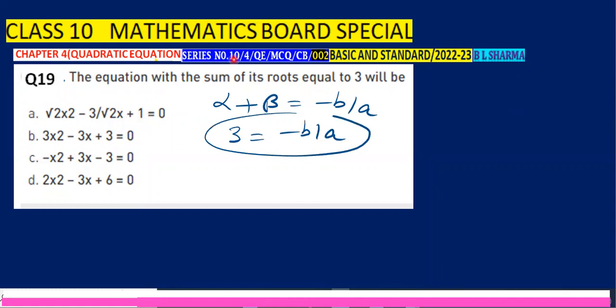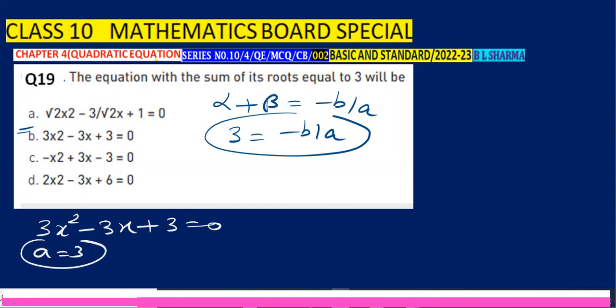Minus b upon a 3 के equal होना चाहिए, and you see here in the second part it is 3x square minus 3x plus 3 is equal to 0. a is equal to 3, b is equal to minus 3 and c is equal to 3.